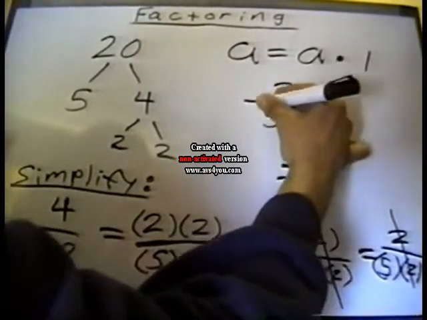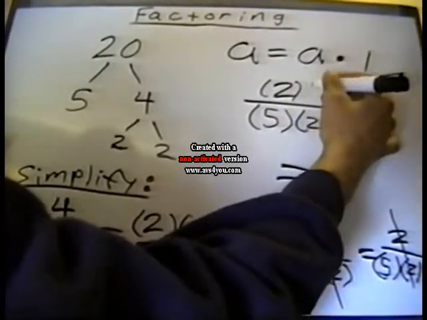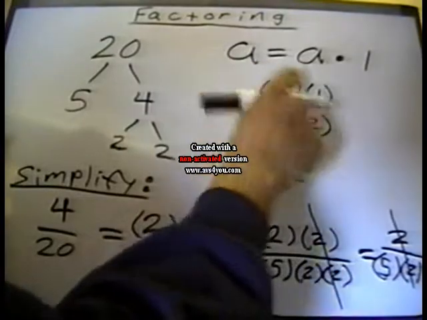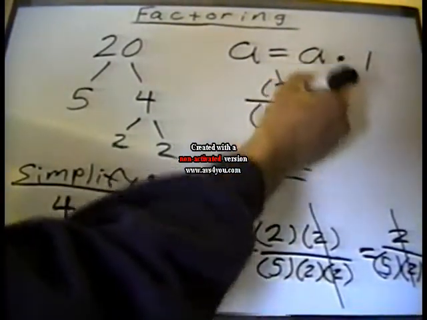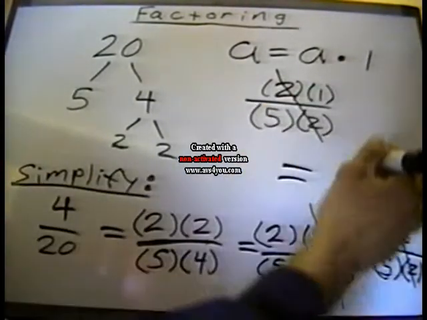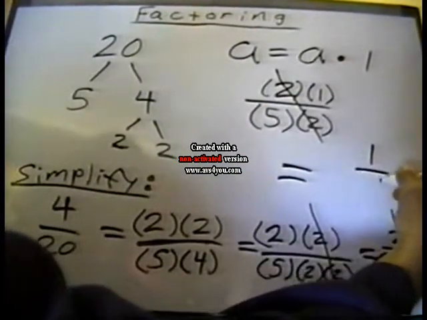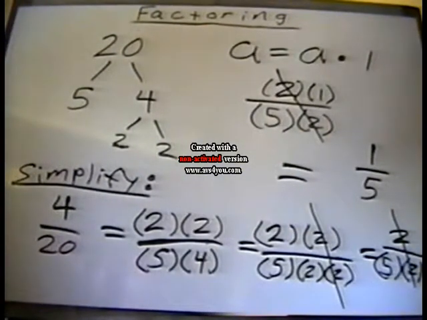So here, when you have 2 over 5 over 2, you also have a 1 there because 2 is equal to 2 times 1. So when these 2's cancel out, as they did, you end up with 1/5. Okay? 1/5.